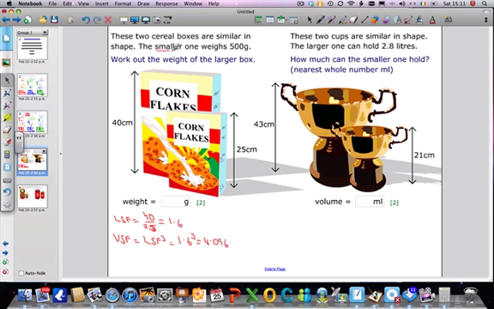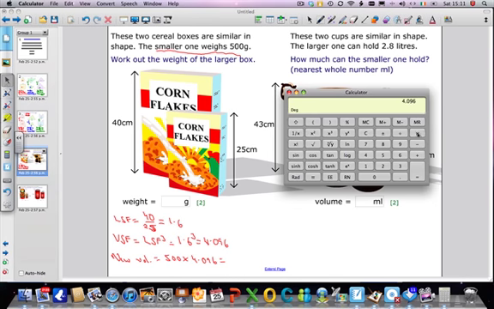Now it tells me that the smaller one weighs 500 grams. That means the bigger one, the new volume, when I say volume, it is in fact mass, but it's the same principle. The new volume is going to be equal to 500 multiplied by 4.096, and that equals 2048.